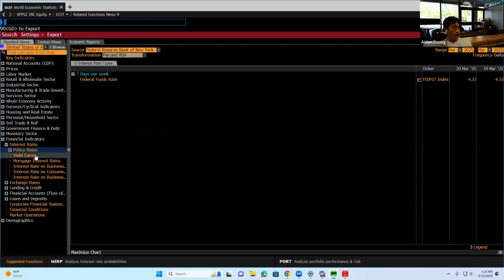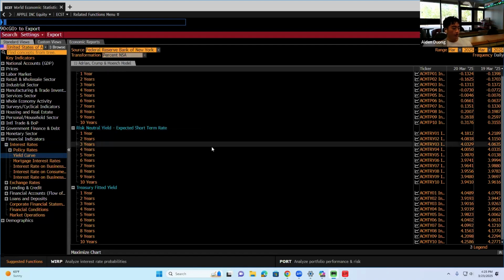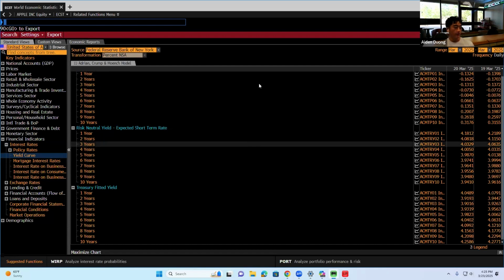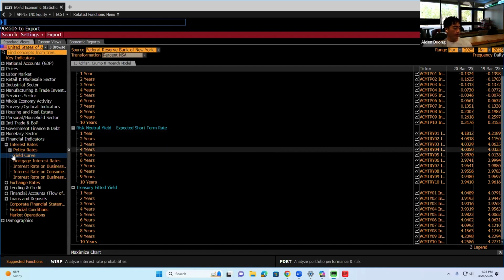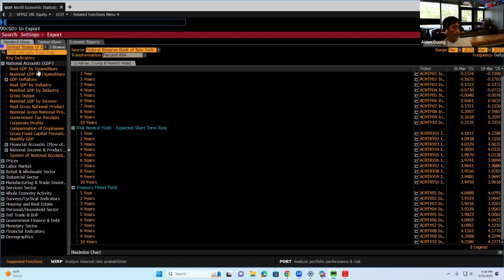Policy rates, yield curves. You can see if yield curves are abnormal, inverted, upward sloping. Those can be indicators for possible economic situations. Mortgage interest rates, exchange rates. Yeah, you have a whole bunch of good stuff here.